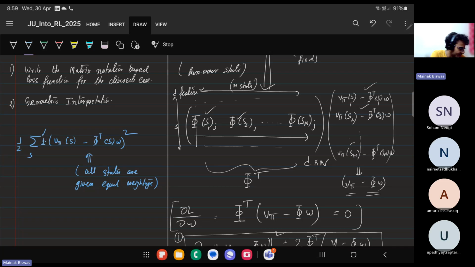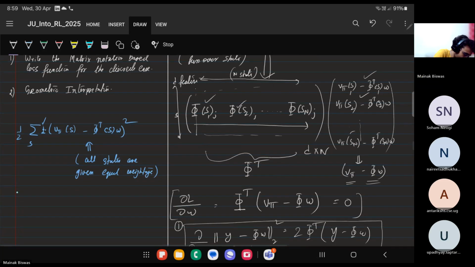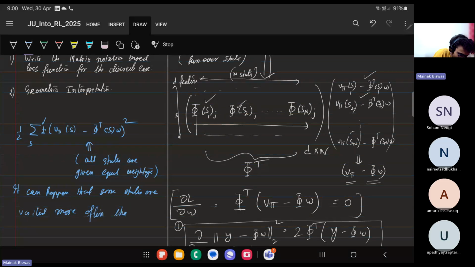But it can happen that some states are visited more often than others.